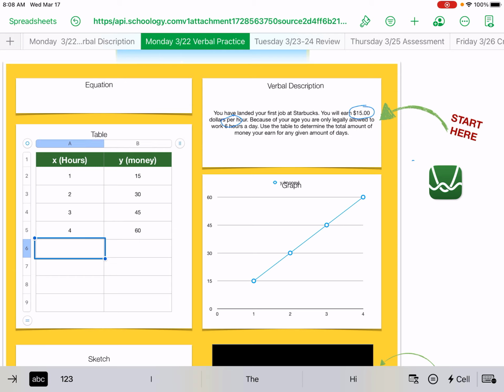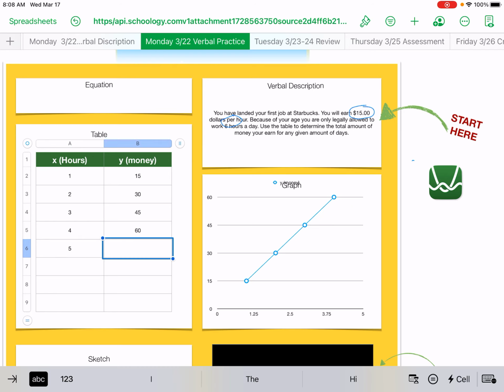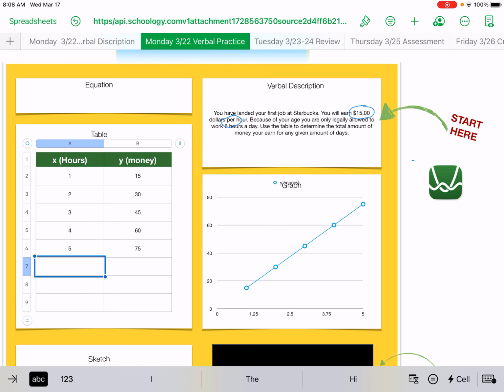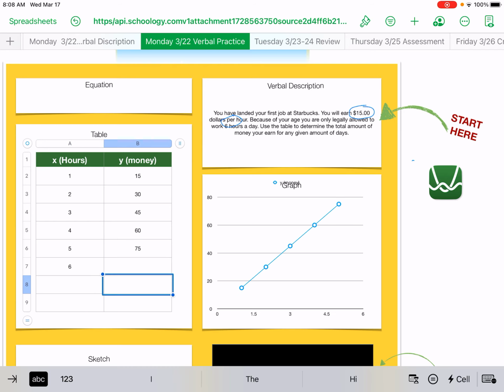And since you're plugging it into the table, it's building the graph. 5 and 75. And then they said up to 6, so I'm going to keep pushing. 6 hours would be 90.